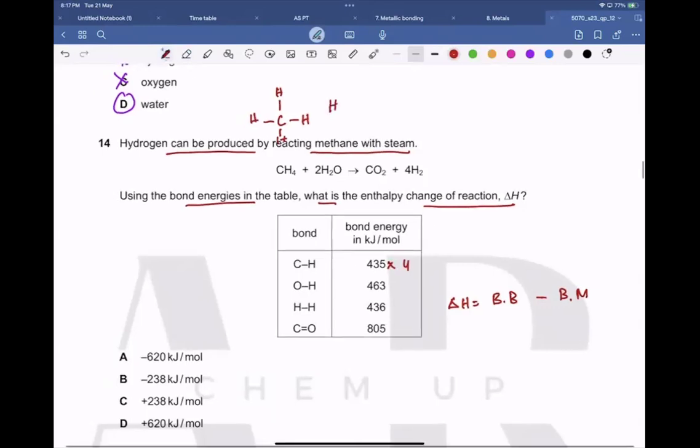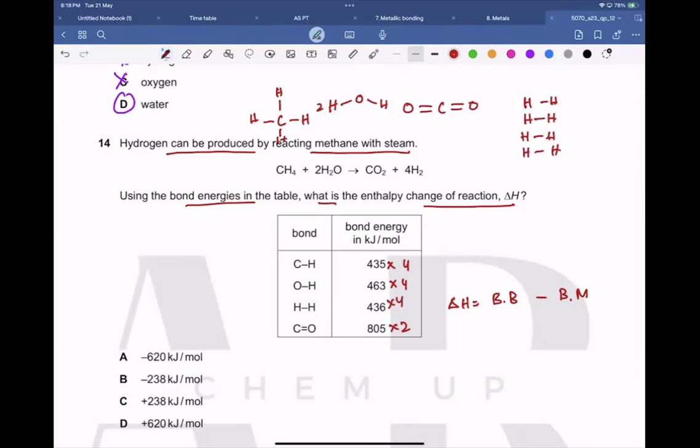Then there are 2 moles of water, so there are 4 OH bonds. So I have to make it times 4 as well. Then there are 2 carbon oxygen double bonds, so I have to make it times 2. And there are 4 moles of hydrogen, so I have to make it times 4 as well.